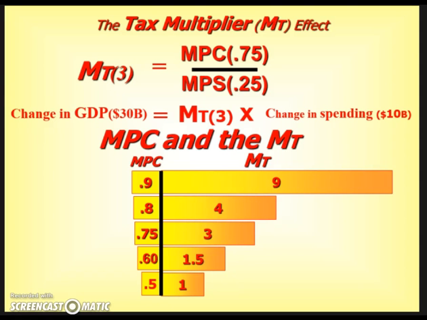The tax multiplier effect: MPC over MPS. Change in GDP equals the tax multiplier effect times change in spending.